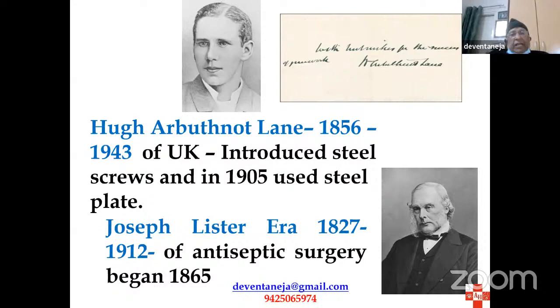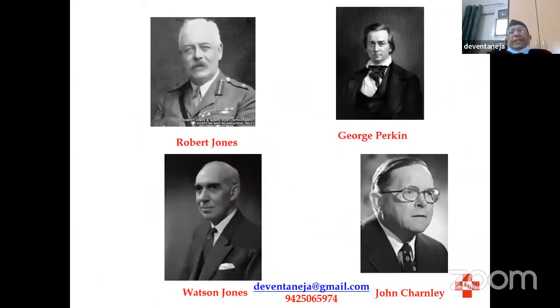So this is how metal started coming at the beginning of the 20th century. And Joseph Lister, you all know his work on antiseptic surgery and the use of carbolic acid. These four people made a real difference in understanding orthopedics in the present era.